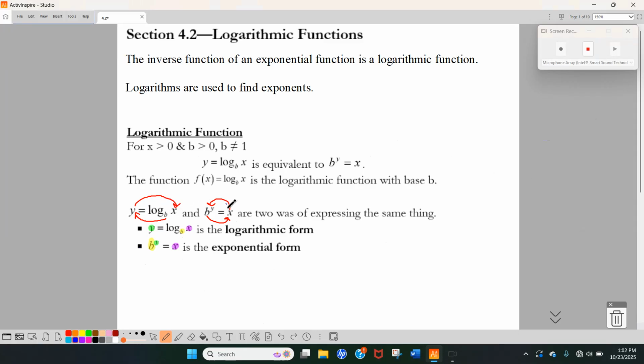Or if it's exponential, it's log base, the base, of the answer equals the exponent, because logs find exponents. So the base stays the base when you switch from one form to the other. The answer of the log is the exponent of the exponential. The answer of the exponential is the guts of the log. All right, so we're going to do some examples of switching. Hopefully that'll make some sense.